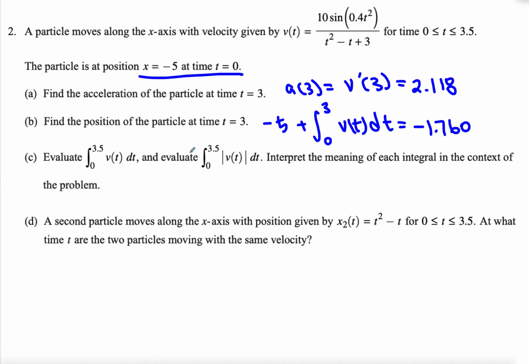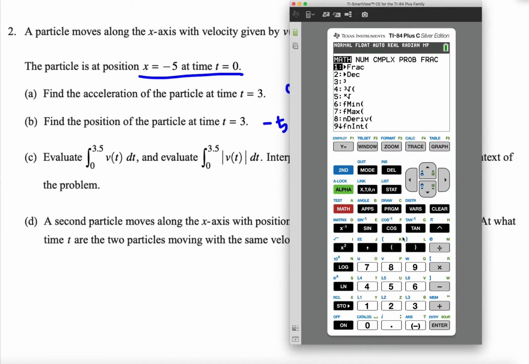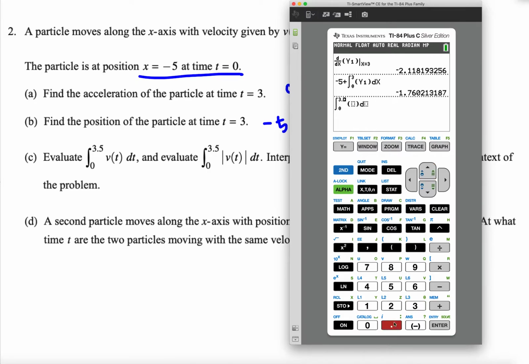Evaluate this one, and then evaluate this one, and then interpret the meaning of each integral in the context of the problem. So here we get math number 9, integral from 0 through 3.5. First one is just v of t. That means I'm going to type in y sub 1 and then dx.